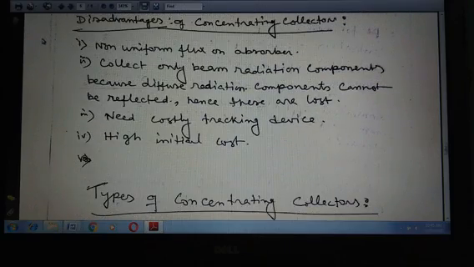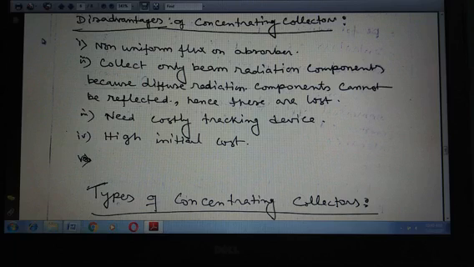Now the disadvantages of this type of collector: non-uniform flux on the absorber. Next disadvantage, it collects only beam radiation, and this is a disadvantage because a flat plate collector collects both beam and diffused radiation. Next, it needs a costly tracking device. Another disadvantage is that in a focusing collector, tracking devices must be required, but in a flat plate collector, no tracking devices are required.